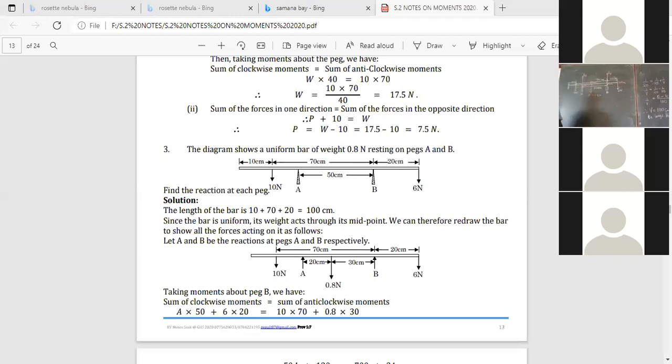So what is the distance of the weight from this point? It's 20. Is that okay? So this distance here, when calculated, will be 20. So please make note of those in your calculations.